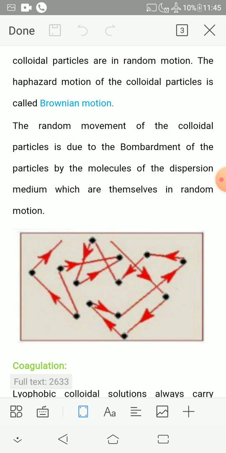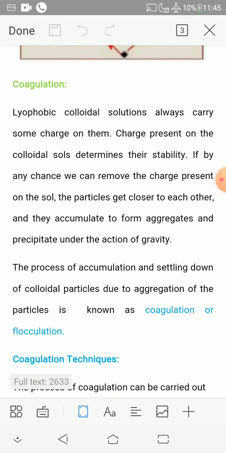So the first property is the Tyndall effect, second is Brownian movement, and next is coagulation. Coagulation is an important property of colloidal solutions. So what is coagulation?